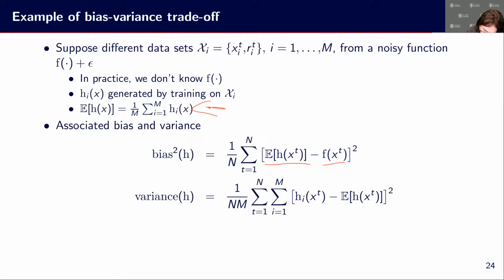And then we look at the difference squared here. So this difference gives us the bias. And likewise, with the variance, we are looking at the difference between the predictions for each model versus the average prediction over all models. This is squared. And we do this over all data sets, models, and samples.